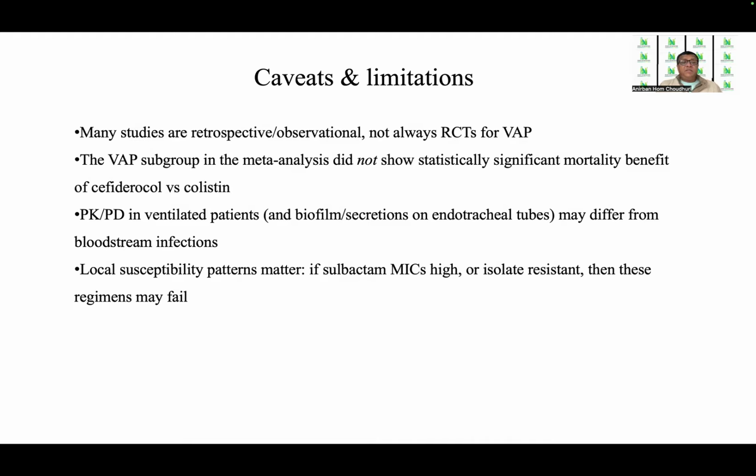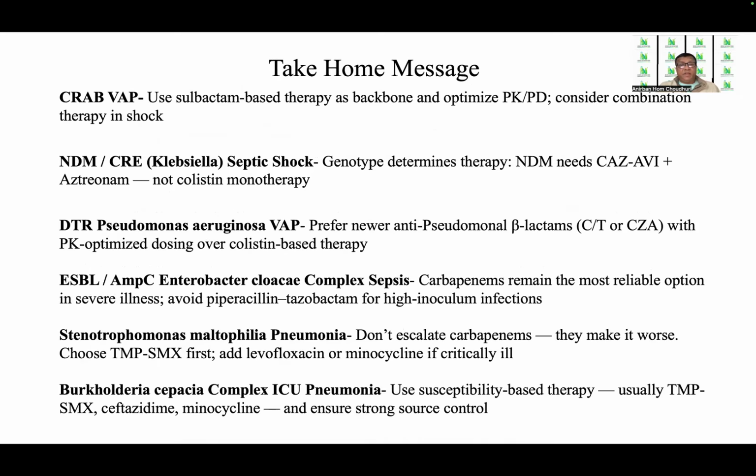Then the PK/PD in ventilated patients, and biofilms and secretions on endotracheal and tracheostomy tubes, are different from bloodstream infections. Those differences also influence vulnerability or resistance mechanisms. Local susceptibility patterns matter. If sulbactam's MIC is high or the isolate is resistant, then these regimens may fail.